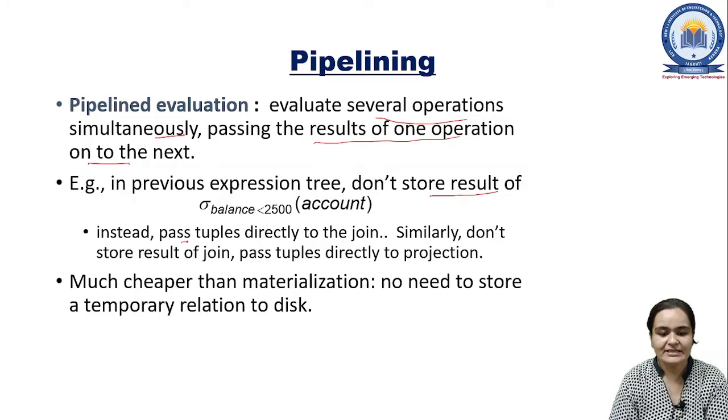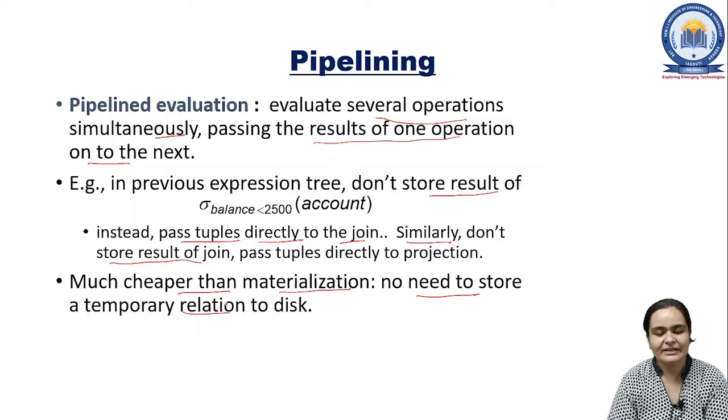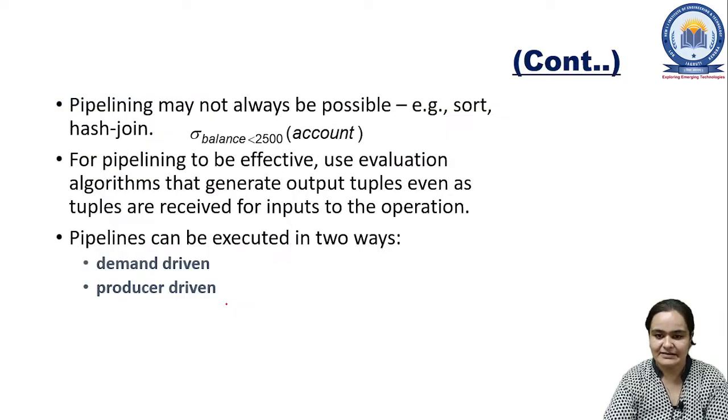Instead, we pass the tuples directly to the join. Similarly, we don't store the result of the join in a temporary relation. So it is much cheaper than materialization, and we need not store any temporary relation to the disk, and also we are not writing anything to the disk.